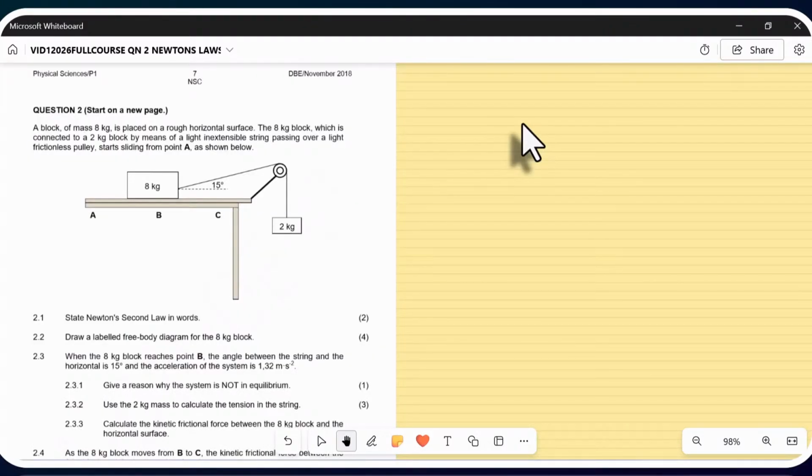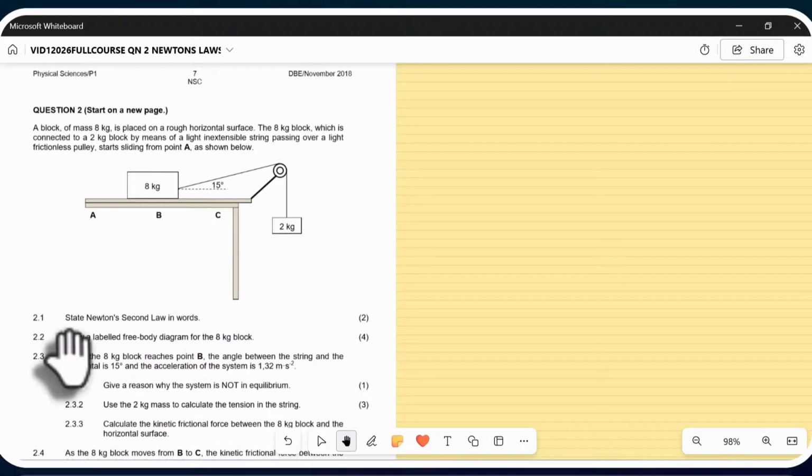Oh yes, question 2, November 2018, question 2. A block of mass 8 kg is placed on a rough horizontal surface. The 8 kg block, which is connected to a 2 kg block by means of a light inextensible string, passing over a light frictionless pulley, starts sliding from point A as shown below, from point A, B, and C. Okay.